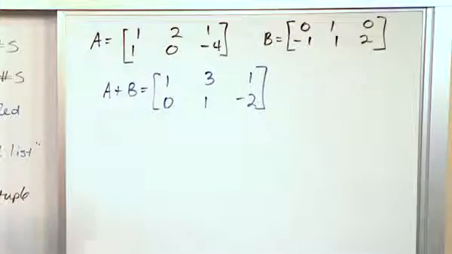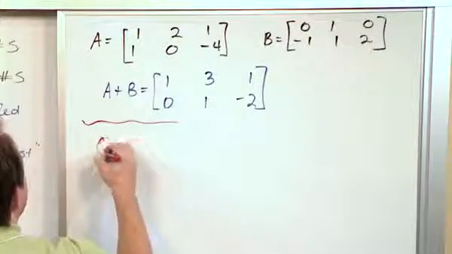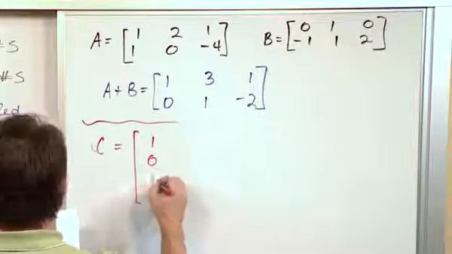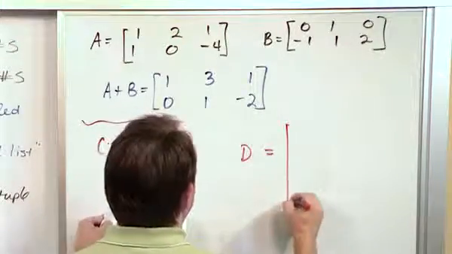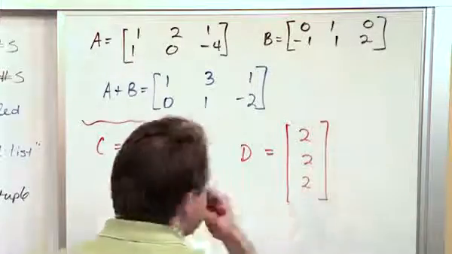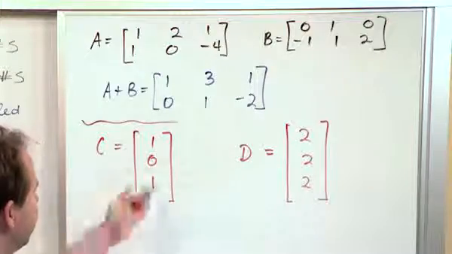So now let me introduce, along the same lines, matrix C, 1, 0, 1, and matrix D, 2, 2, 2. Now, don't get scared that it's represented as a column. This is just a column matrix.